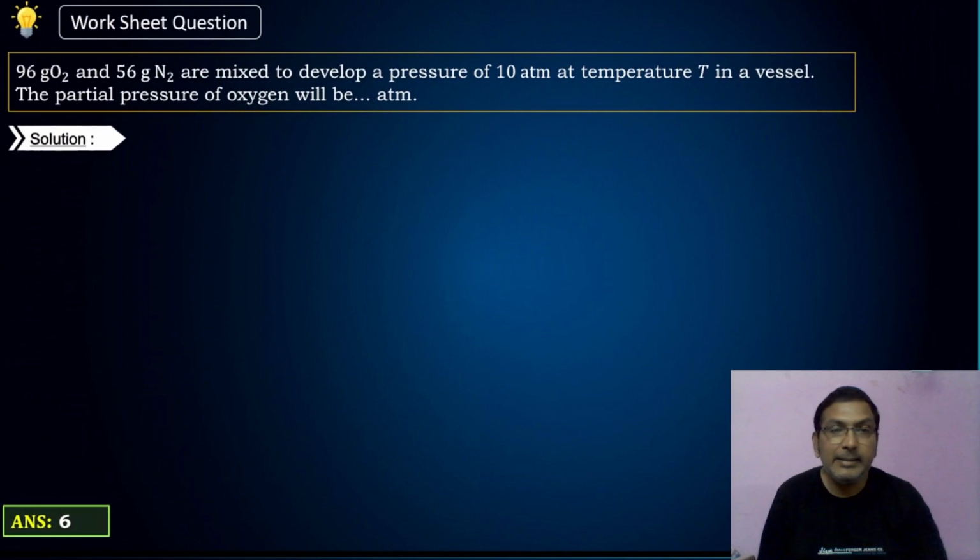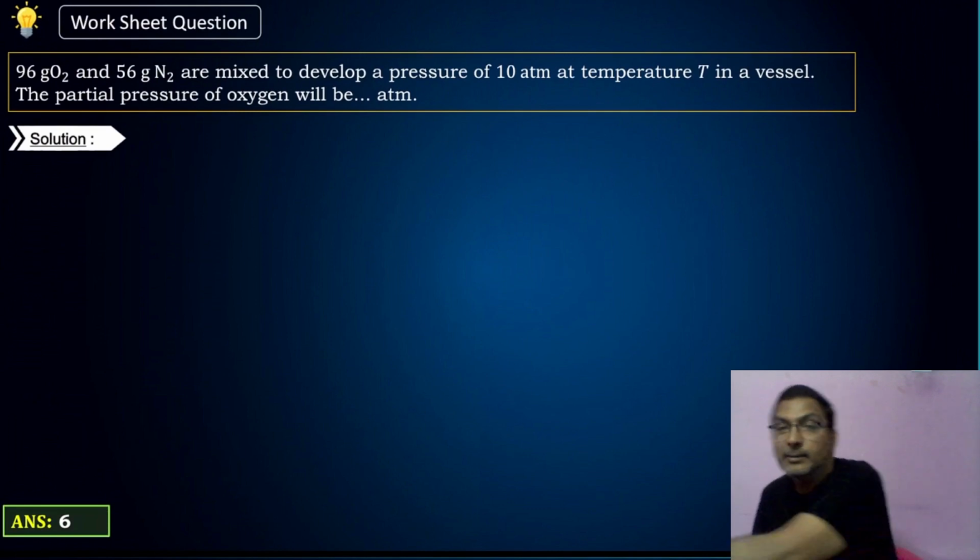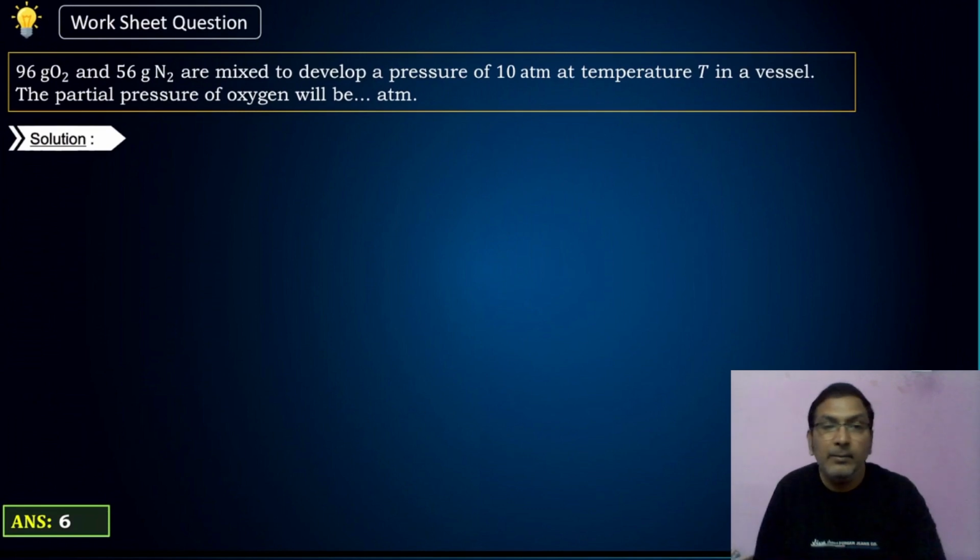the 96 grams of O2 and 56 grams of N2 are mixed to develop a pressure of 10 atmospheres, which is total pressure. Next, we have to calculate partial pressure of oxygen in atmospheres. So first I will write given values.